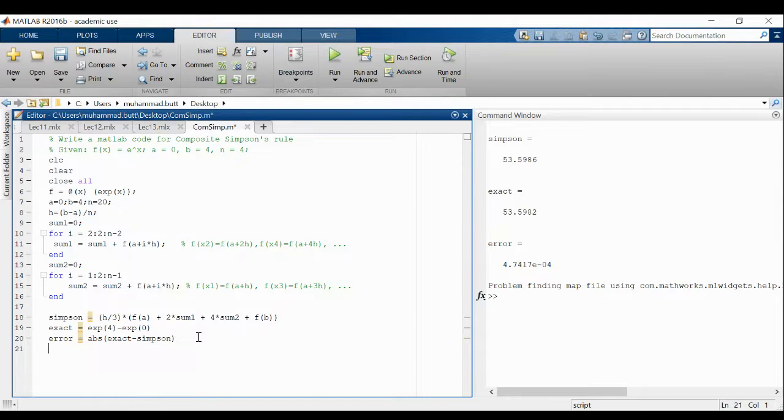You can use the command fprintf, and you can write all this in one line if you want, or you can write it in 3 lines.